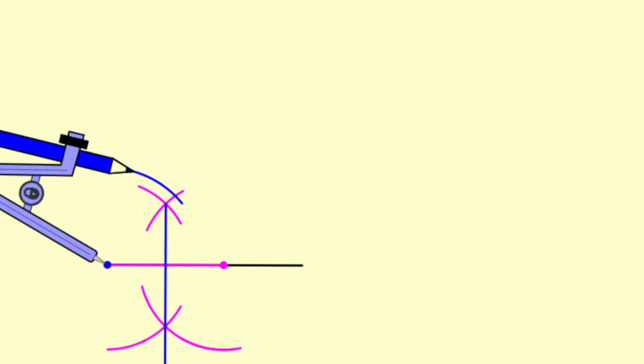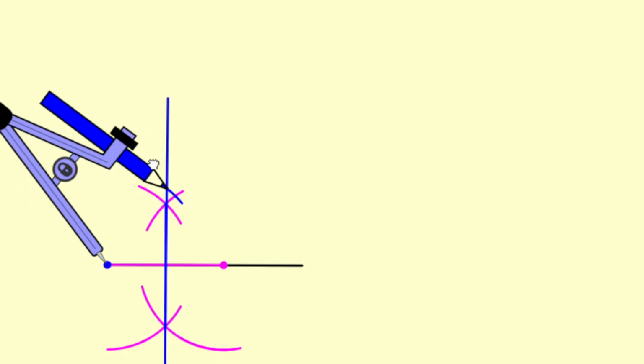So this is perpendicular bisector. At perpendicular bisector line, I am cutting one arc at a distance of 2.5. So here we will mark the center of the circle.